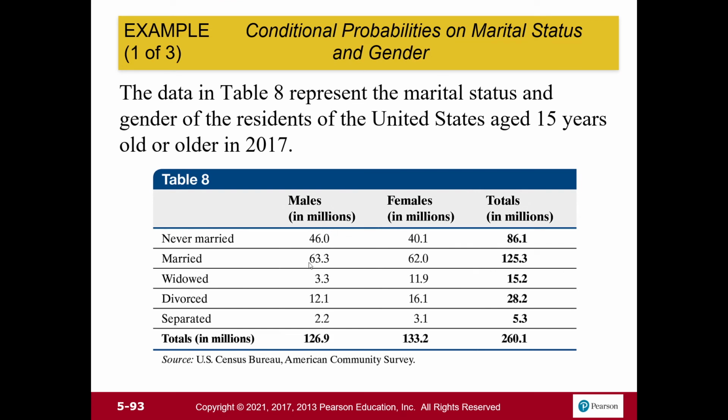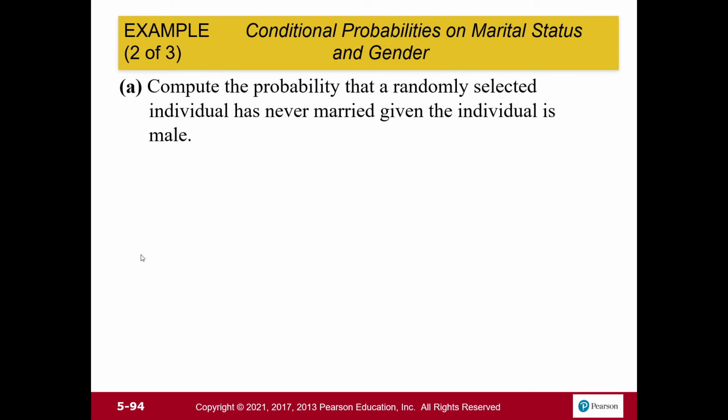Since we're given that the individual is male, it is out of the total number of never married, and then given that they're male. So that restricts the total. It's not the total of all of the people in question, it's just the total given that they were male.